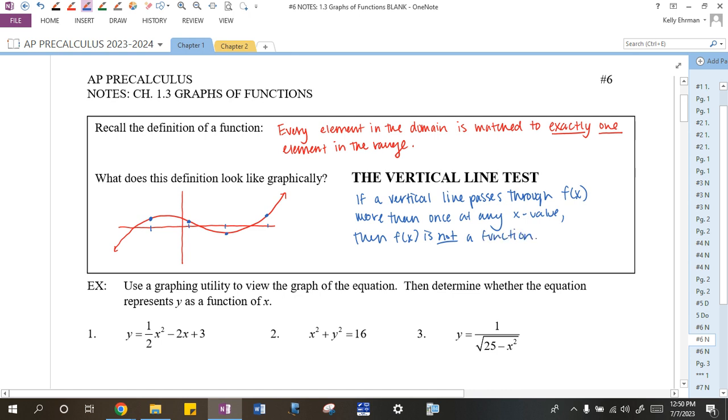So this function that I sketched here, I can draw a vertical line anywhere through the function, and we would say this passes the vertical line test.